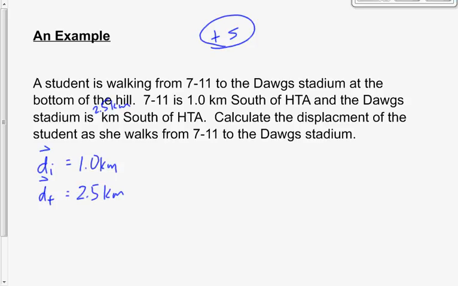Well, if you've got displacements, you add. If you've got positions, like we have here, then we subtract, right? So this is going to be D f minus D i.